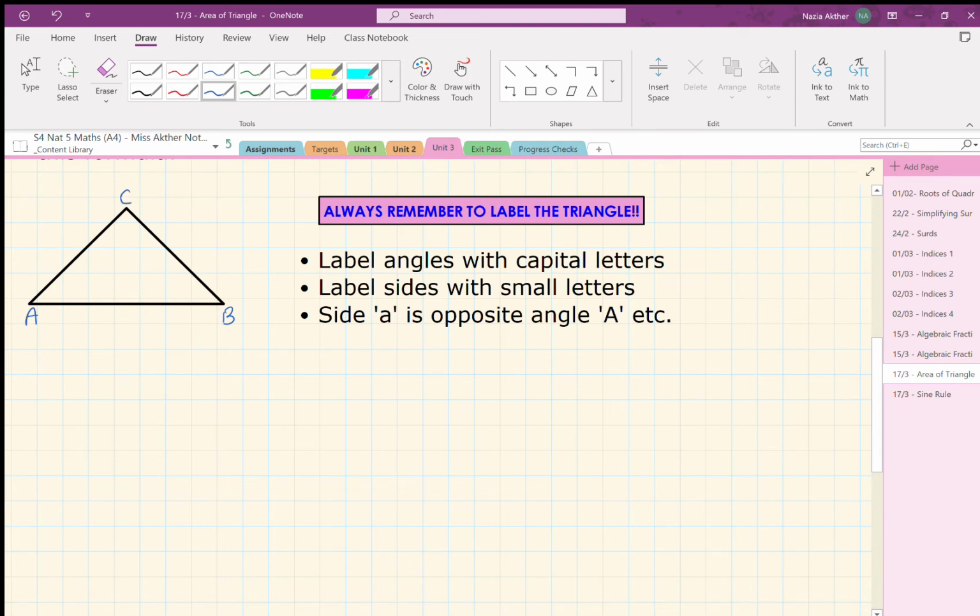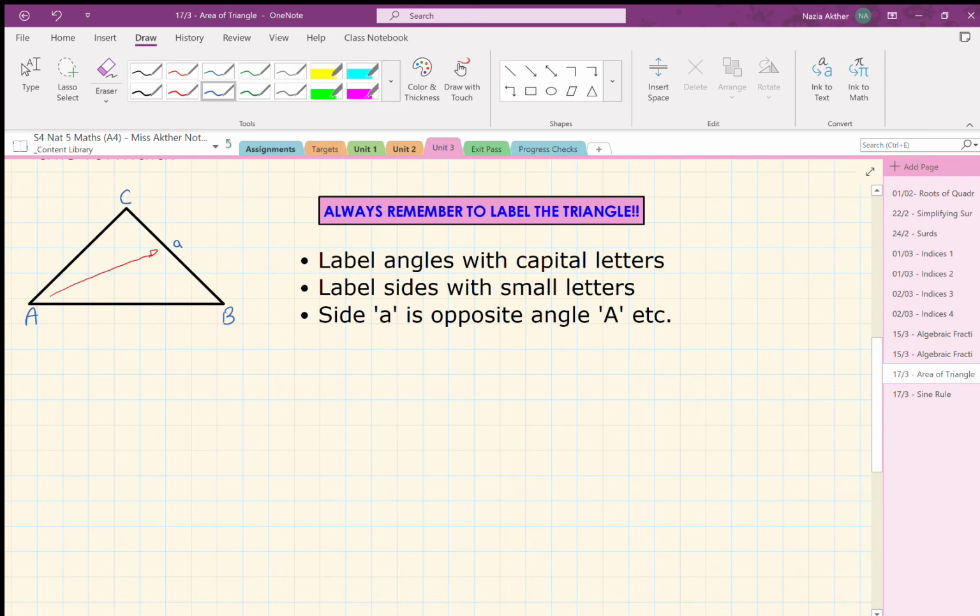We're then going to label the sides using the small letters a, b, and c. And when we do this, we need to make sure that when we've got our angle A, then the side a would be opposite the angle A. Okay, so this side here is opposite angle A. So then we're going to label this side a, using the small letter a.